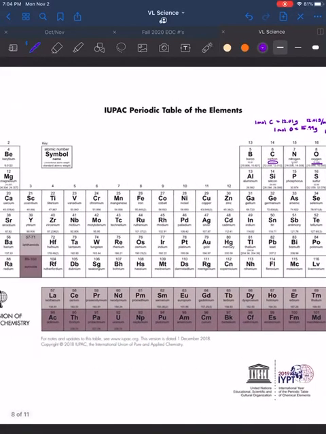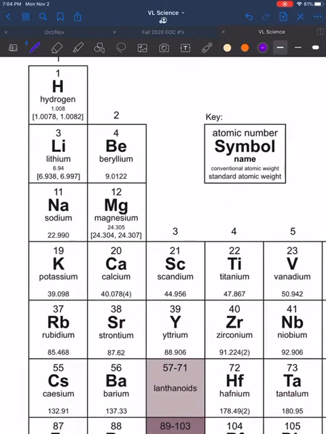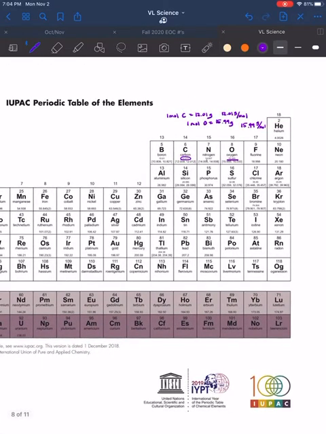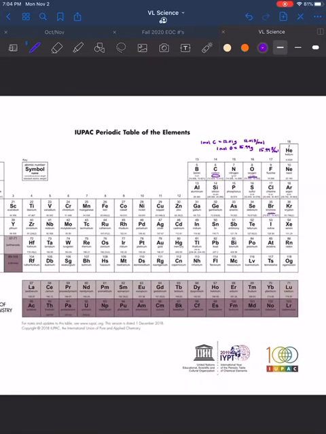If I look at my periodic table, sodium is here in group 1. It has a mass of 22.9. We're going to round that to 23. And then bromine is over here in our halogen column, number 17. Bromine is right here. It has a mass of 79, which we'll round to 80.